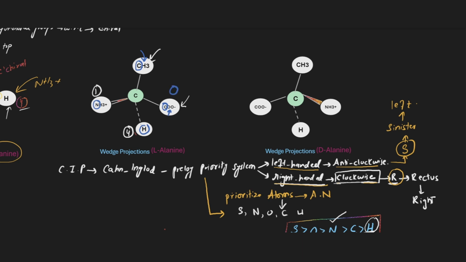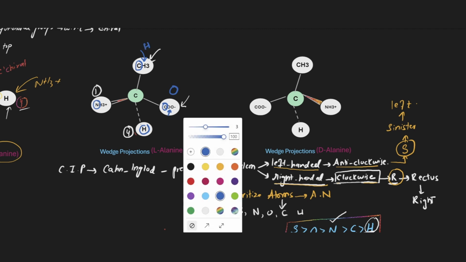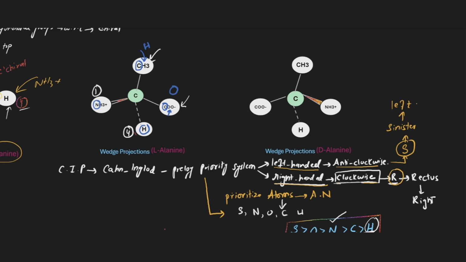So among the oxygen and hydrogen, you know that it is actually the oxygen which is given the highest priority as compared to that of the hydrogen. So second number will be given to this functional group, and definitely the third number will be given to the methyl group here. So now we are done with allotting the priority numbers to these 4 functional groups which are attached to the chiral center.